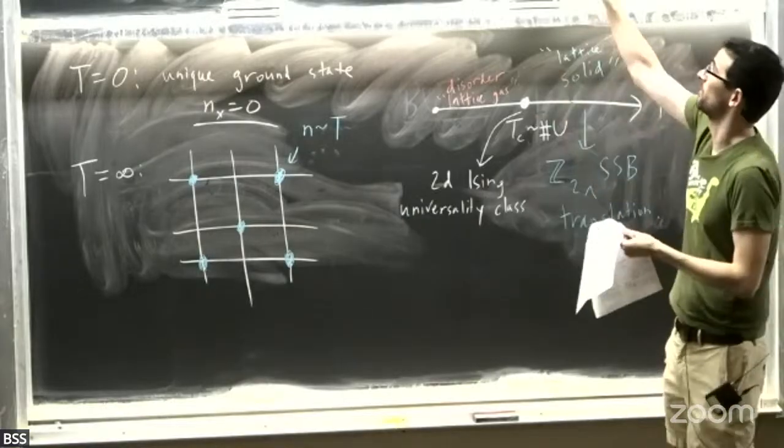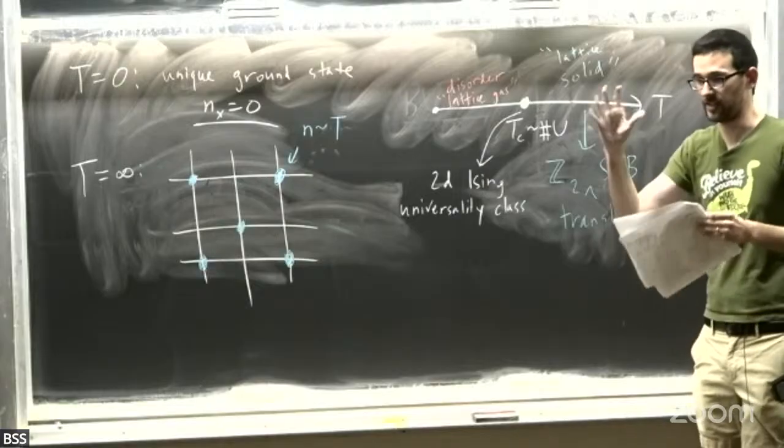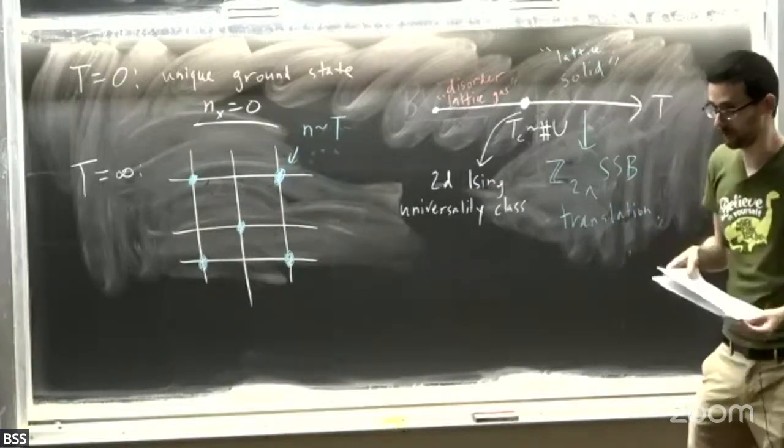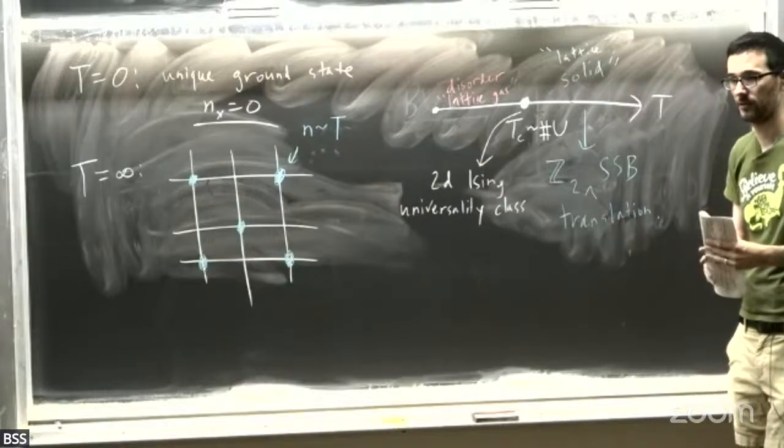And for continuous symmetries, it would be something similar. You could get a BKT, a bound vortex phase, at arbitrarily high temperature, but not a superfluid.